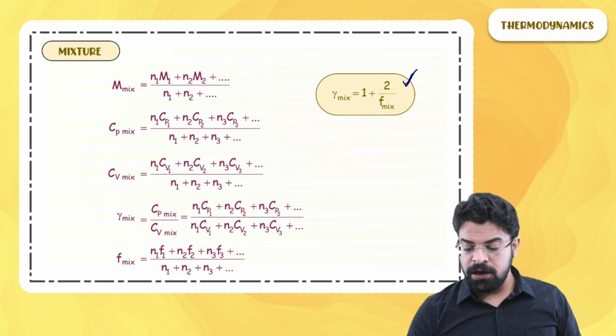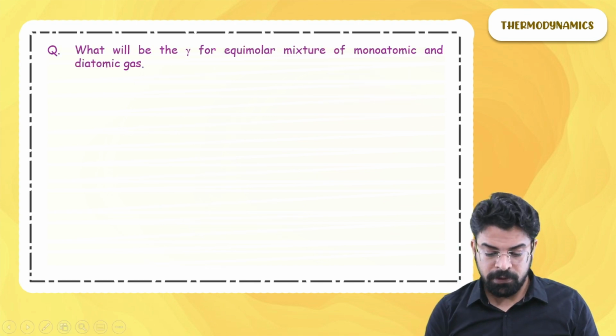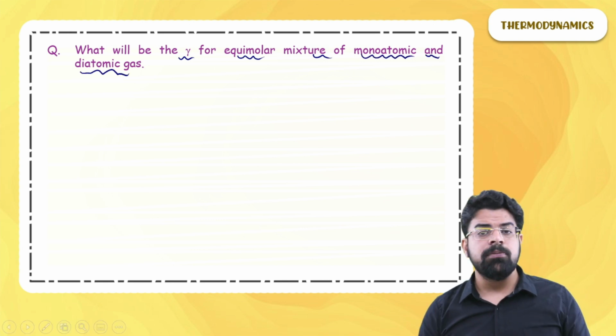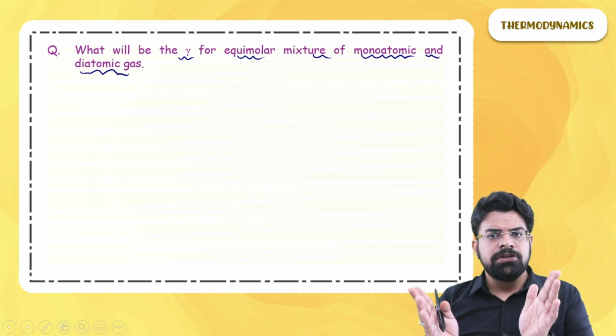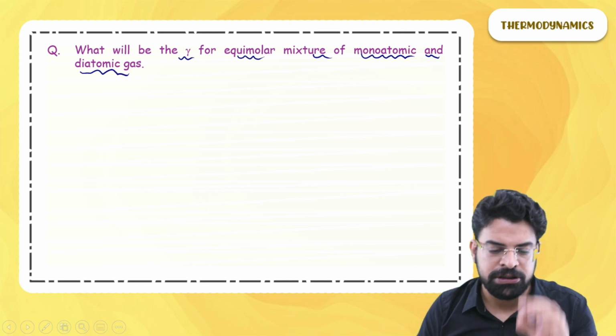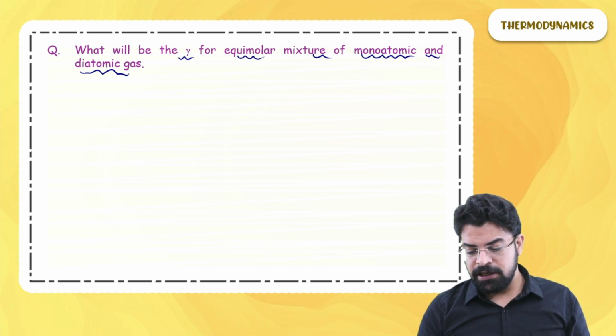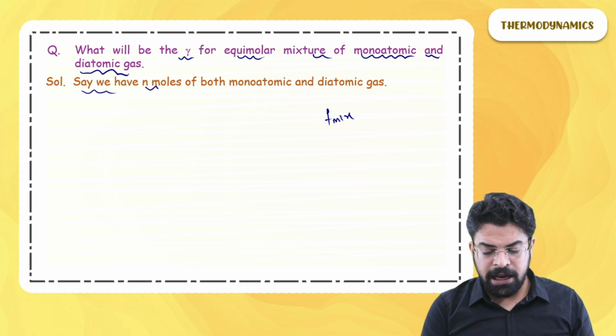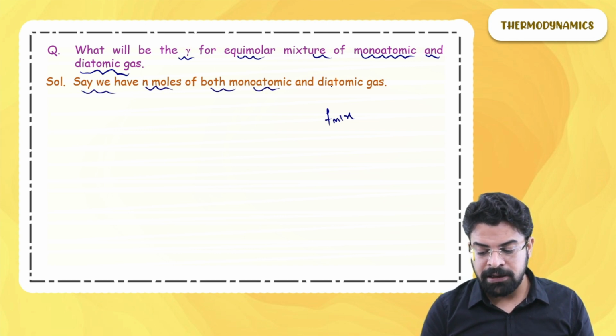So let's do a question to understand this. What will be gamma for an equimolar mixture of monoatomic gas and diatomic gas? Equimolar mixture means the same number of moles of monoatomic gas and diatomic gas. Then what will be the gamma for this mixture? So first of all, let's find the degree of freedom for the mixture. We will say we have n moles of both monoatomic and diatomic gas.